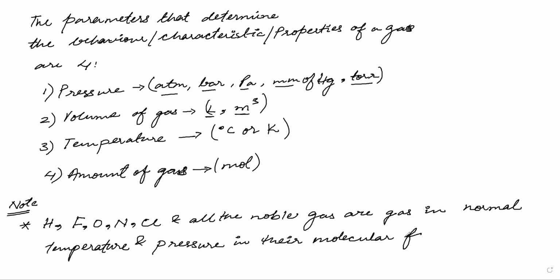So these are the only elements; you have to just remember this. Fluorine, oxygen, nitrogen, chlorine you can remember by the electronegativity series, and the other one is hydrogen. And all the noble gases, the name only suggests gas. Hence, only these are the elements present in gaseous state at normal temperature and pressure, that is 25 degrees Celsius and 1 atmosphere.